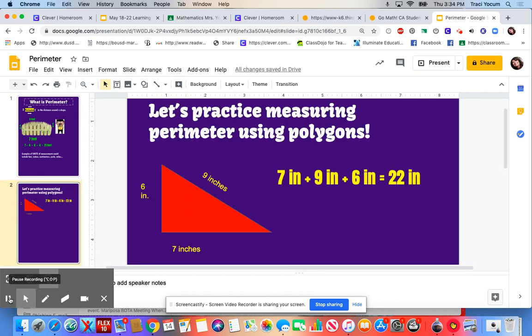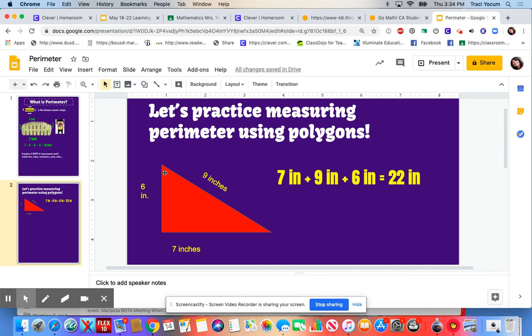Now let's practice measuring perimeter using just simple polygons. Polygons are shapes with straight edges, and I have here a scalene triangle. One side is 6 inches, one side is 7 inches, one side is 9 inches. So this is a three-sided polygon.